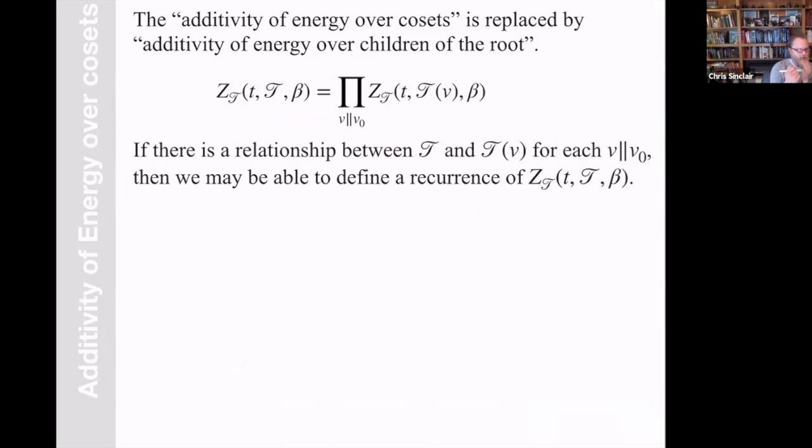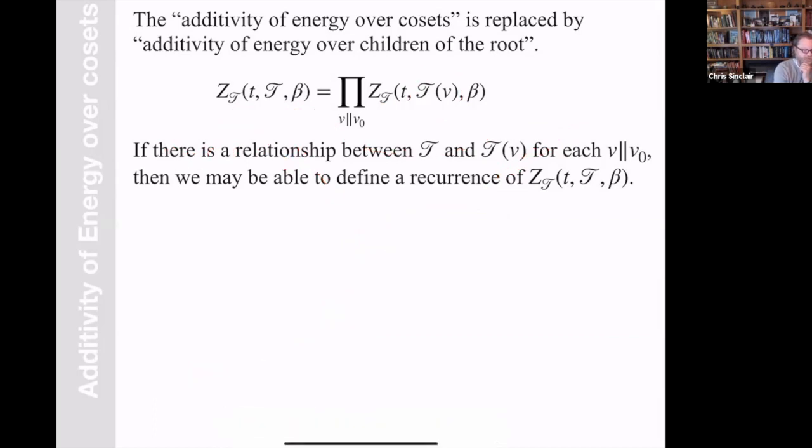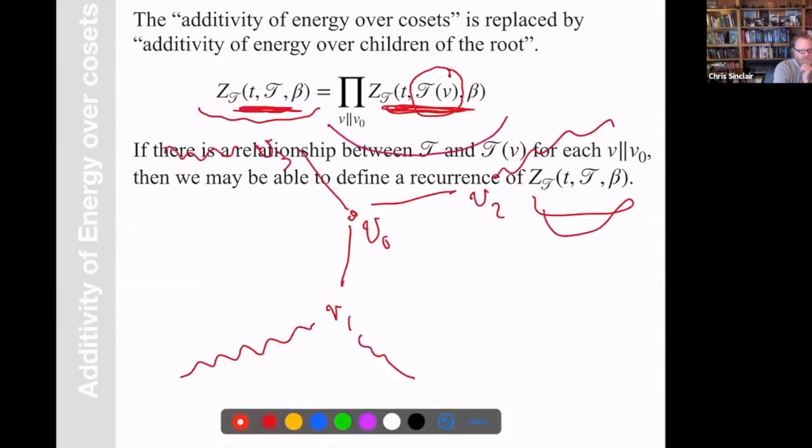Now, the hope is that there is some sort of relationship between this partition function here and these partition functions right here. These are integrals over the neighborhoods. If there is some sort of relationship between those two things, one hopes one may be able to come up with a recurrence for the original thing.